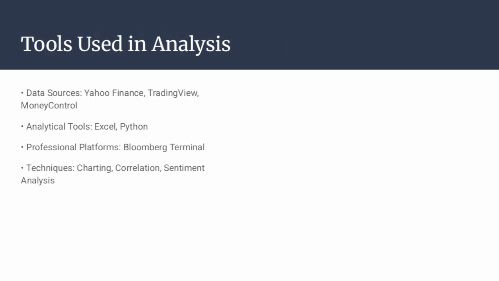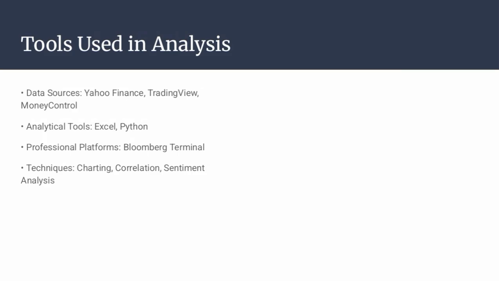Tools used in analysis. Stock market analysis requires good tools and data sources. Some commonly used ones include Yahoo Finance, Money Control, which you have heard about before, and TradingView for stock data and charts.